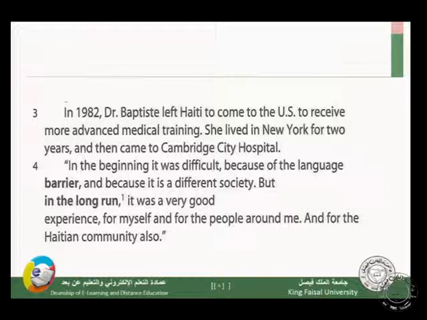She lived in New York for 2 years, and then came to Cambridge City Hospital. In the beginning, it was difficult because of the language barrier and because it is different society, but in the long run, it was very good experience for myself and for the people around me and for the Haitian community also.